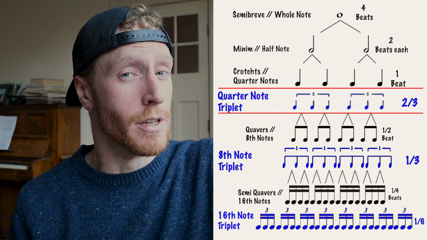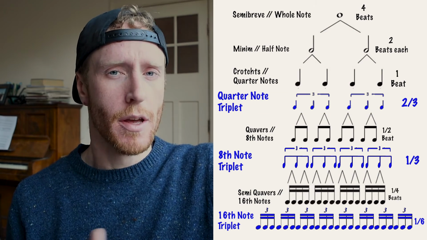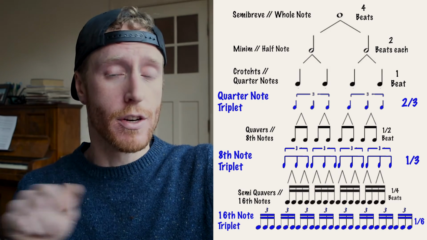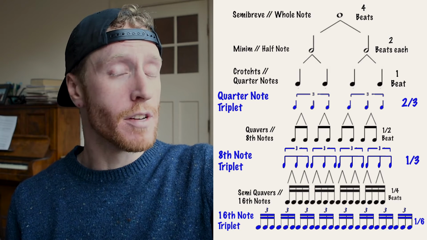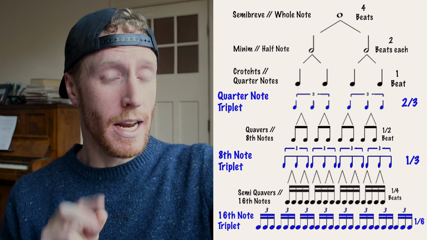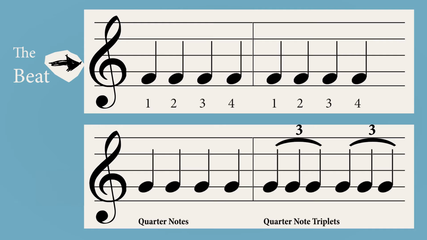Let's look at the quarter note triplets, for example. We know that the quarter note goes for 1 beat, generally, it's a crotchet. But because it has that bracket over the top and that 3, it means it's now a triplet. So instead of dividing our minim in half, we're dividing it into 3 beats.